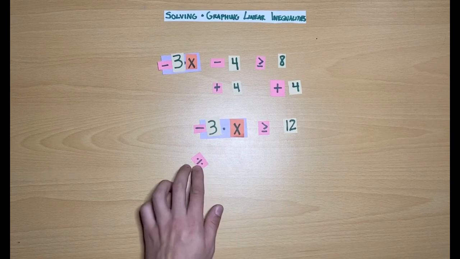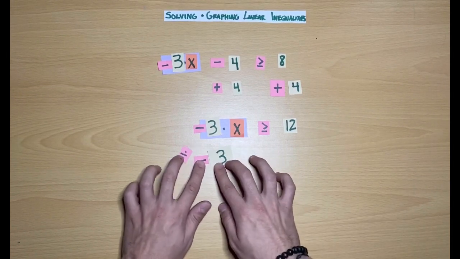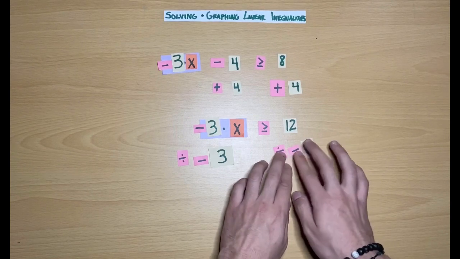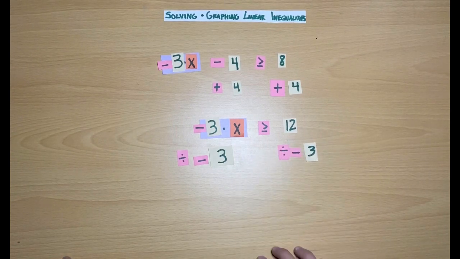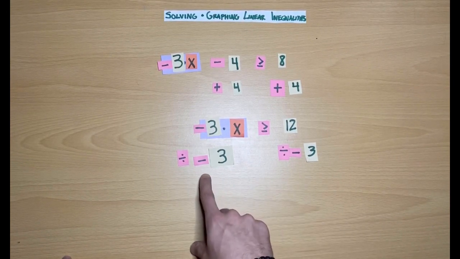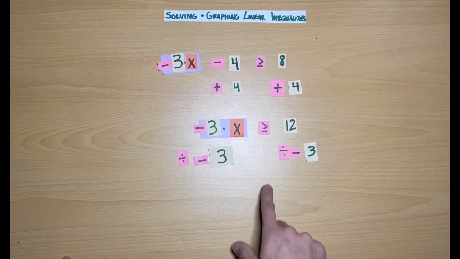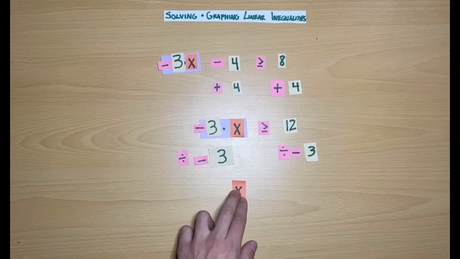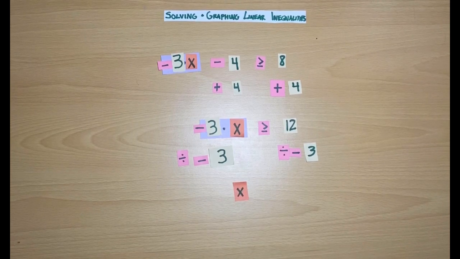So we can divide that negative 3 off, use our inverse operations. Do this to both sides. And now we can see we did multiply or divide, in this case division, by a negative number. So that'll affect our end result. Negative 3 divided by negative 3, that's just 1x or x.